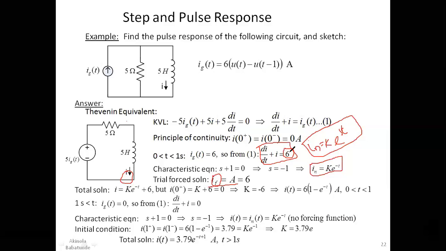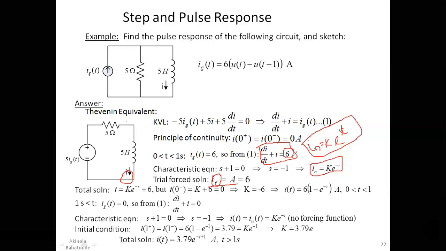What you can see here is that the first term we have is a constant. That is why we say let the trial solution be equal to a constant A. In some cases, as we go further in our studies, when this term is not a constant, you cannot just say let if be equal to A.